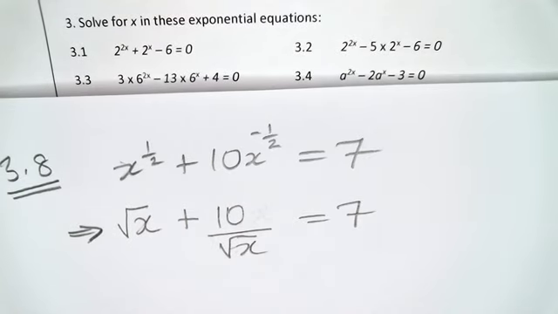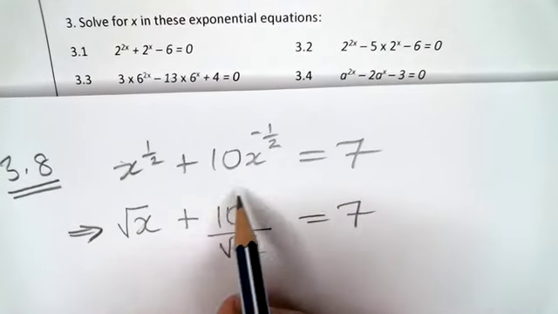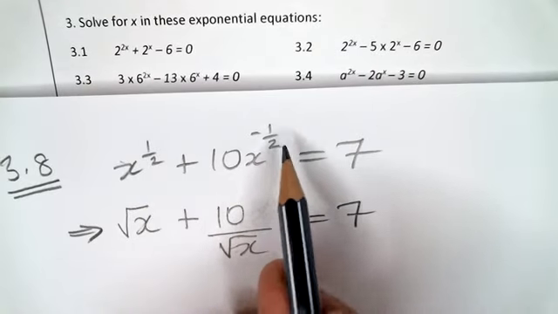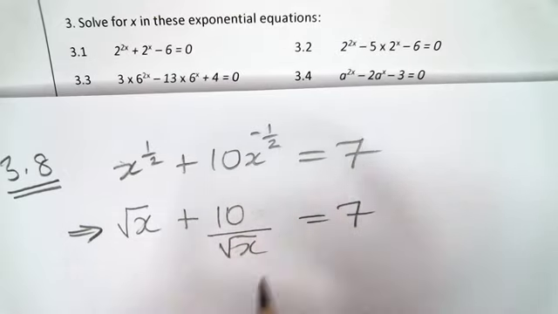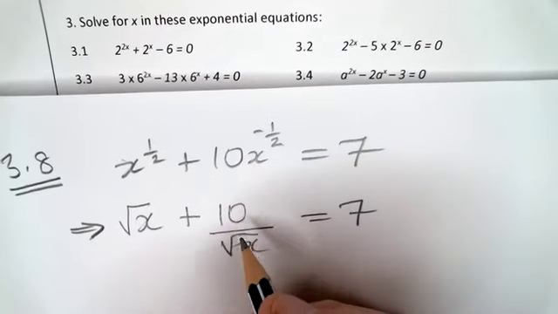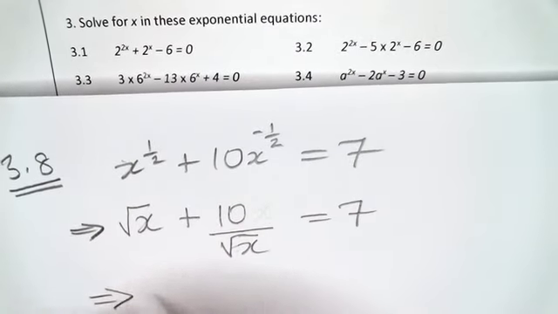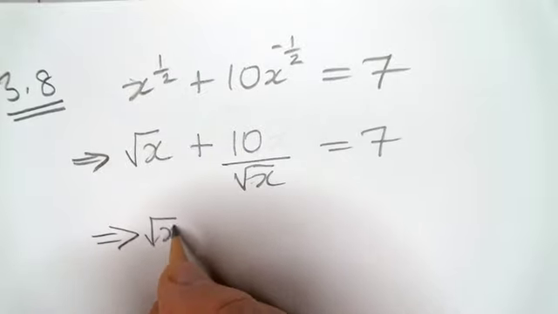Now, the first thing I want to do is get rid of the half there. I could have just multiplied everything by x to the half, and that would have done it. I'm going to do it differently, though. I'm going to multiply everything by root x.